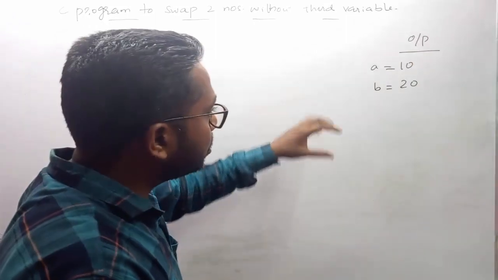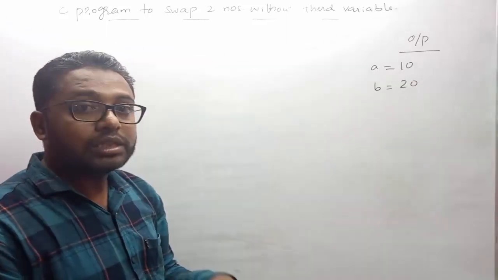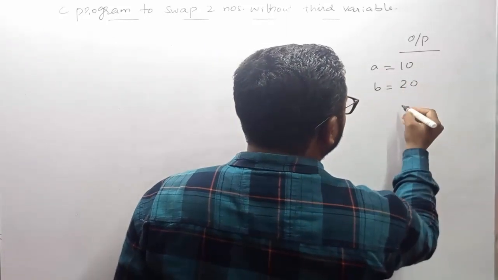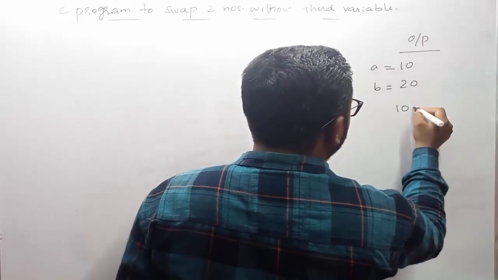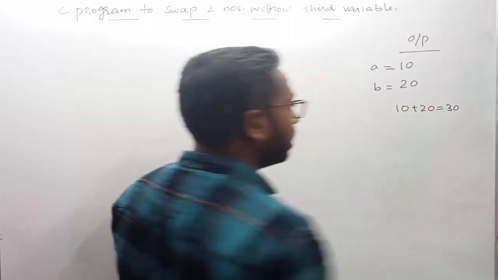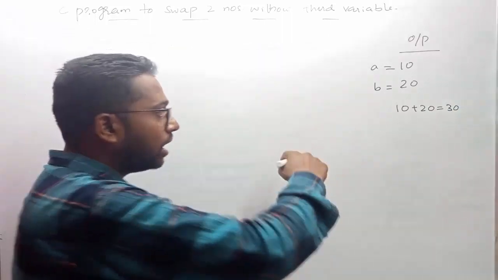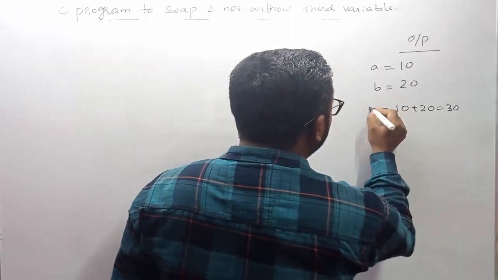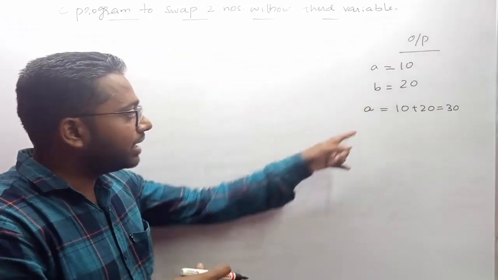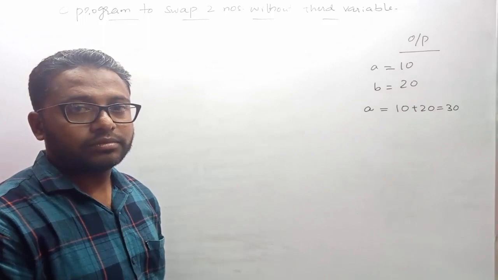To swap the values of these two variables without using a third variable, first I will add these two numbers, 10 plus 20, which equals 30. Now I have got 30 and I will pass this value 30 to variable A. Now the new value which gets stored inside A is 30.